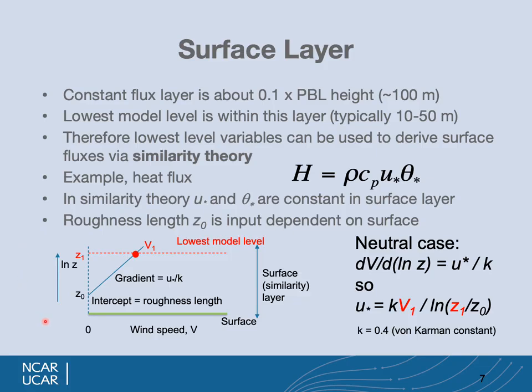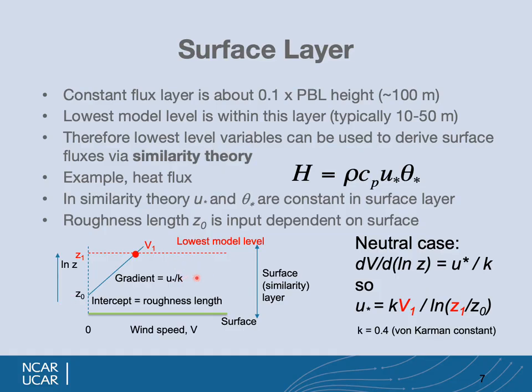So this diagram shows the surface layer of the model, and the lowest model level here in red, the red point, which has a velocity at the lowest model level, v1, and the height of that level, z1. So similarity theory says that the velocity goes as a log of z. Notice there's a log profile on the axis. So the velocity is linear with log z and has an intercept at z0, the roughness length.